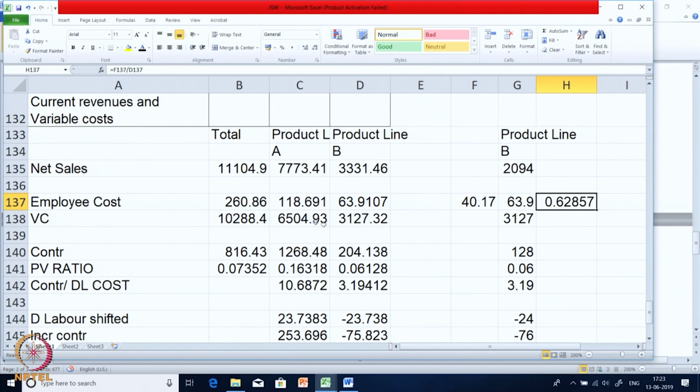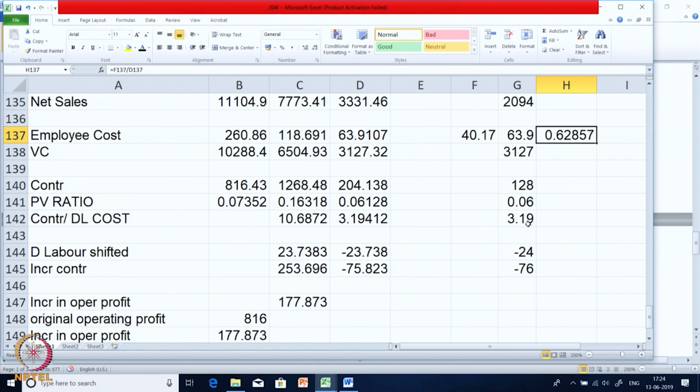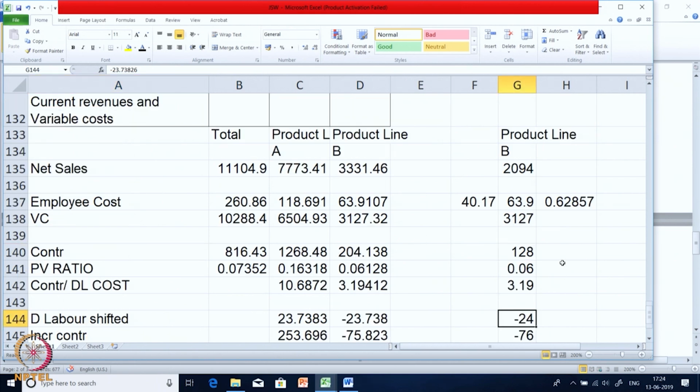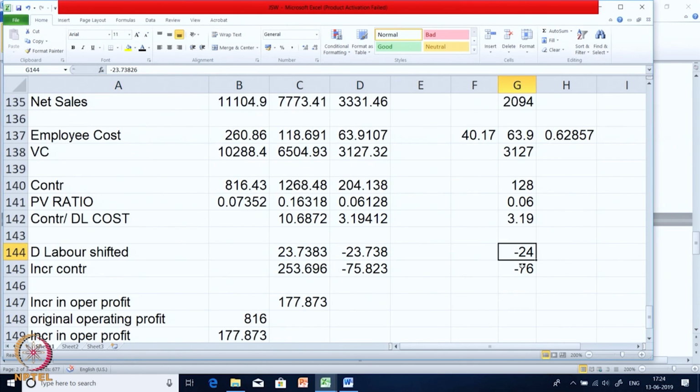So their variable cost will also reduce in the same proportion. Contribution will come down to 128. You can either do it by PV ratio or by contribution to direct labor ratio. So direct labor shifted is 24, but the incremental contribution is minus 76.